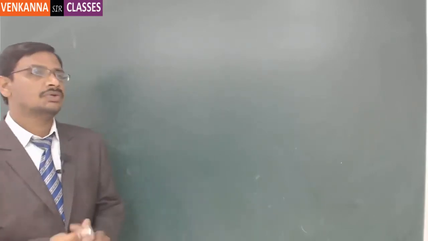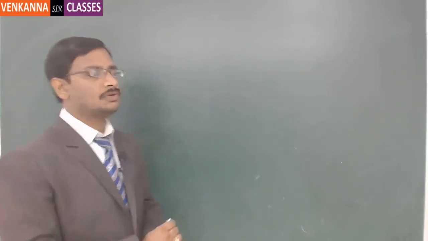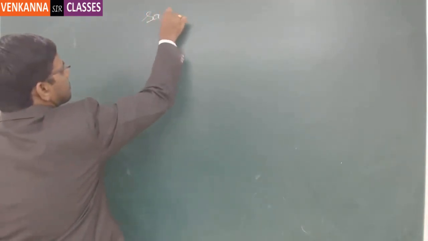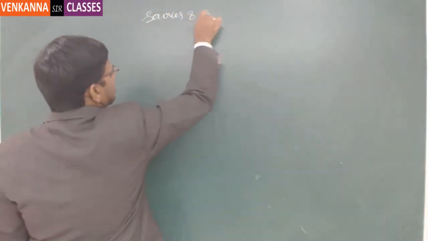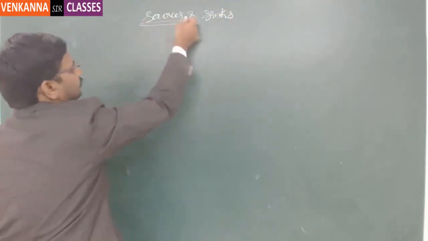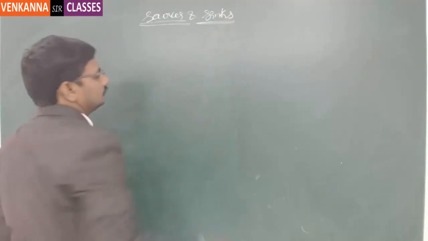Right? So in case of two-dimensional flow, sources and sinks is one concept. And in fact, this is one of the very important concepts. Right?